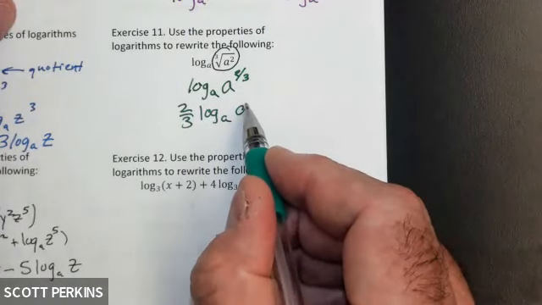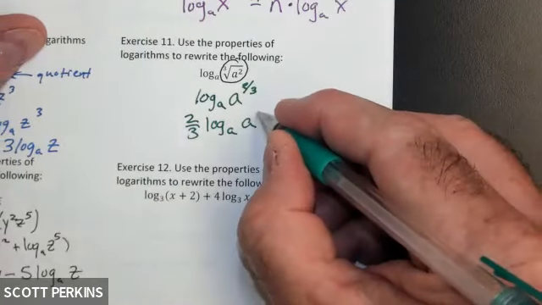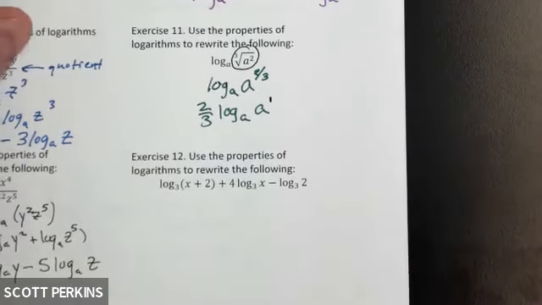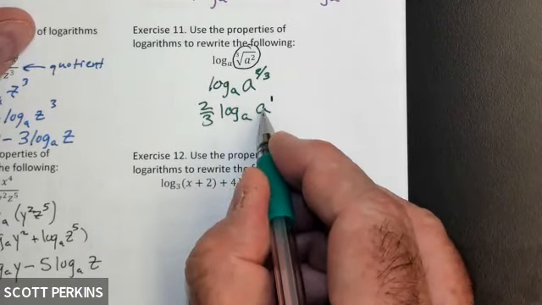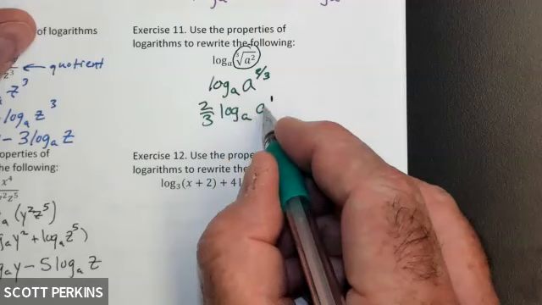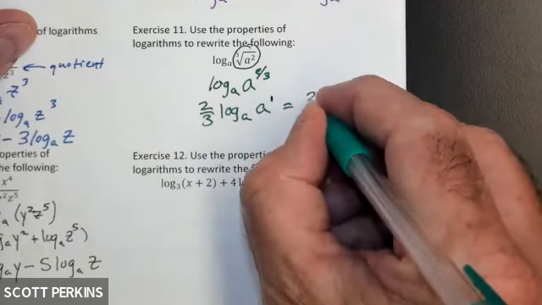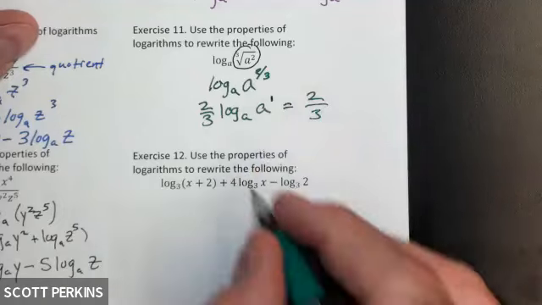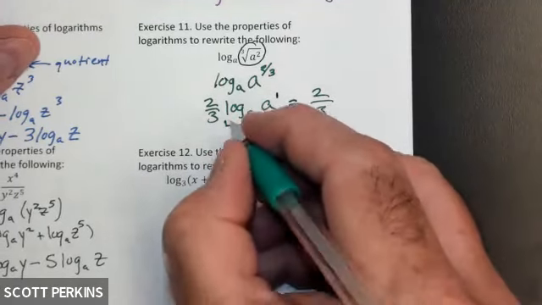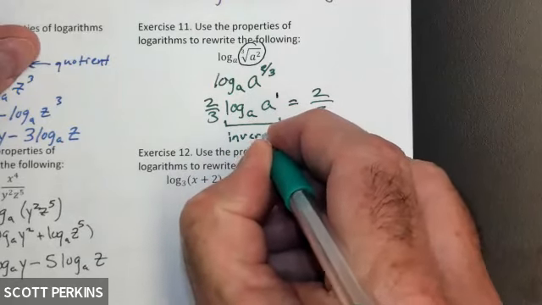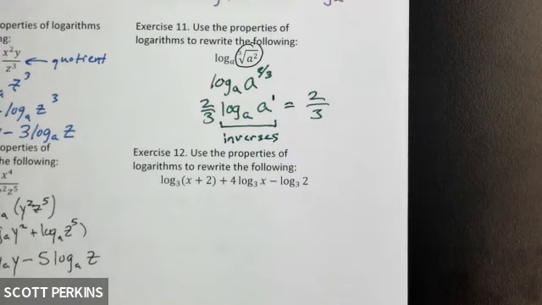I took the 2/3 down to the front, so it's just 1. Since it's the logarithm base a and it's a, these two things undo each other, they cancel each other out. And so that's just going to leave me with 2/3. I'm going to make a little note because I know that that's tough. We're just learning this. These two things are inverses because the bases are the same.